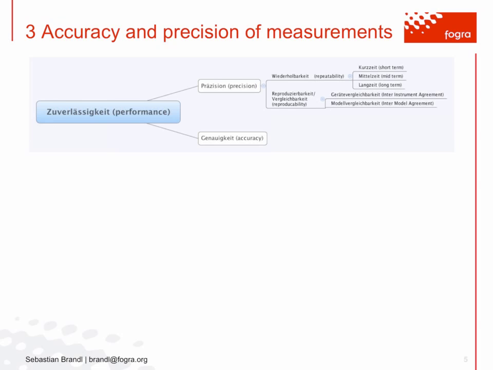If you change anything else besides time, like a different user, relocation, or different samples, then we talk about instrument agreement, among one instrument or a series of one instrument. And if you compare different models or different manufacturers, then we talk about inter-model agreement, or disagreement, if the differences are not in agreement as we would like to have it.